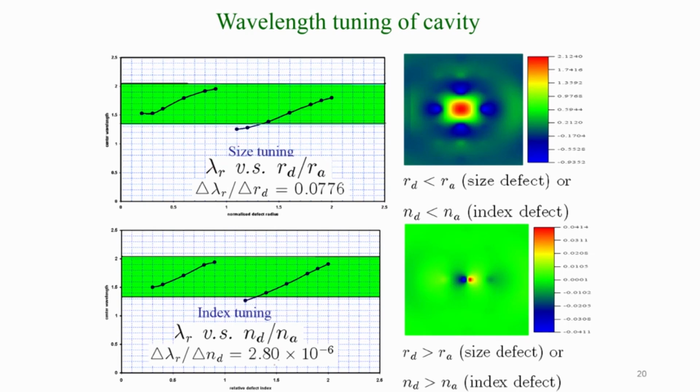Similarly, you can change the defect refractive index by very small values. This is of the orders of 2.8. You can obtain a very good tuning with refractive index. So, refractive index is varying here from 0.5 to 1.5 of the relative value, and you can get a very good variation in the tuned wavelength. So, these are the plots which show the amplitude or the field variation.